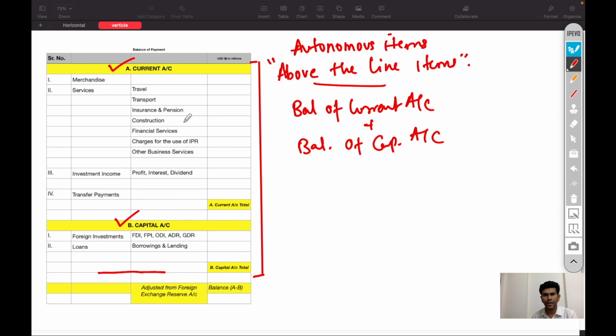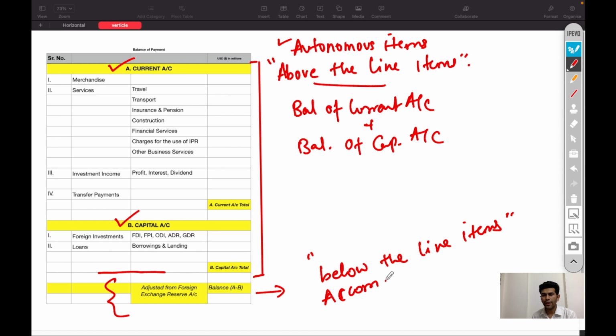This is above the line items or autonomous items, and this is called below the line items or accommodating items. So the balance, that is error and omission in balance of payments, will be adjusted from foreign exchange reserve. This is the solution for discrepancy in disequilibrium in balance of payment.